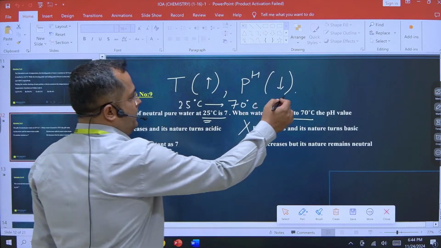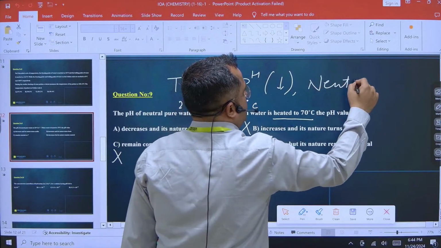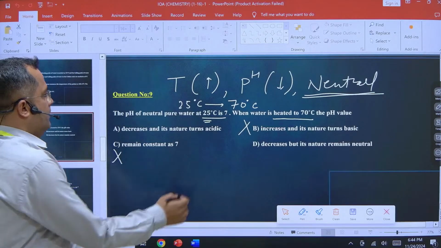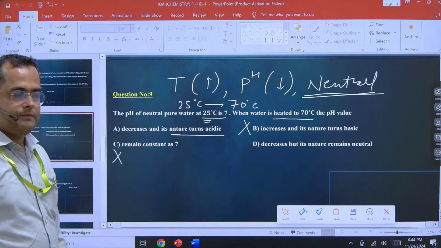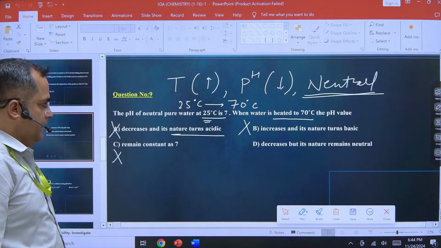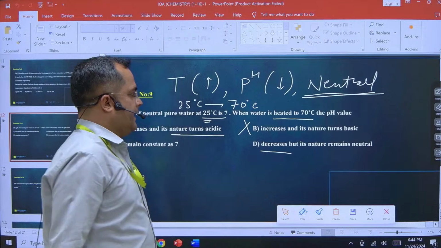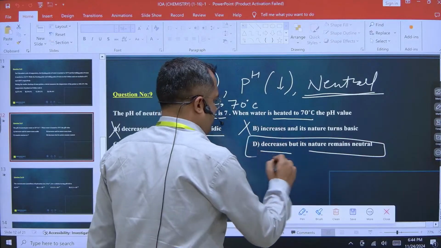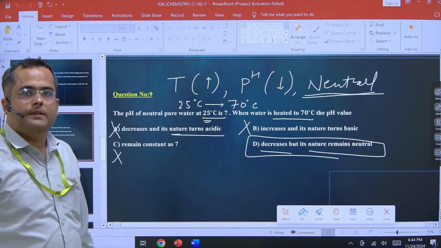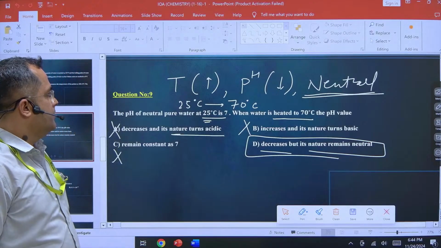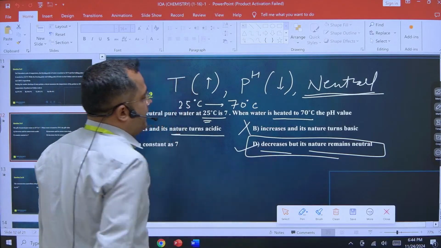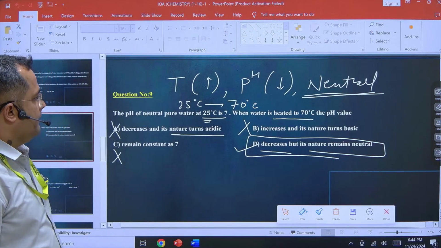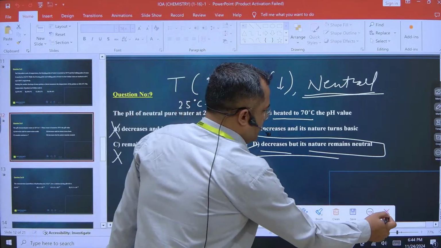And we can also say the water will remain neutral. No, it won't become acidic. So A option is not correct. See here, it is written it decreases, but its nature remains neutral. Here it is correct. So from my side, for question number 9, D is the correct option. Okay. So can we move to next question? Let us move.